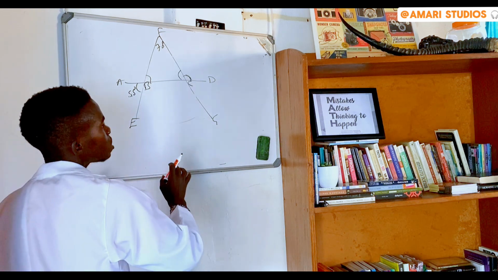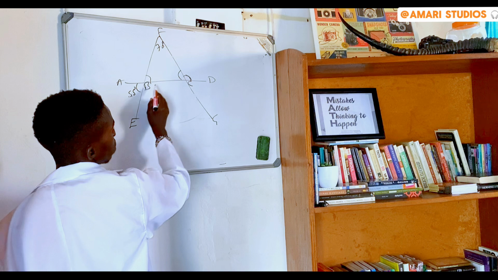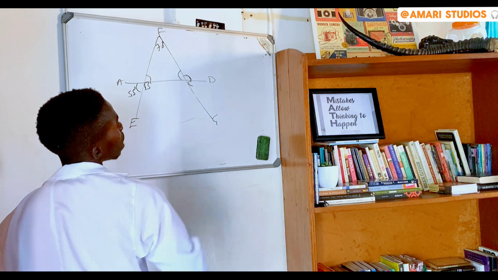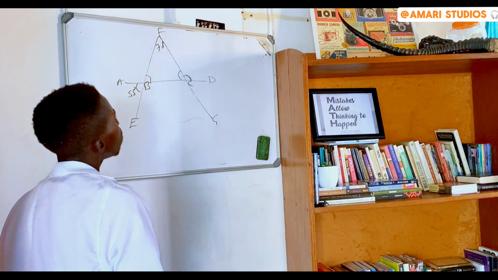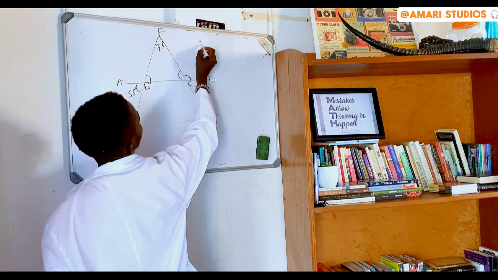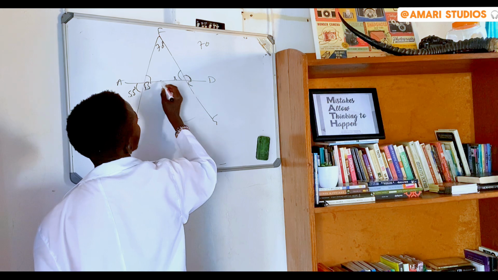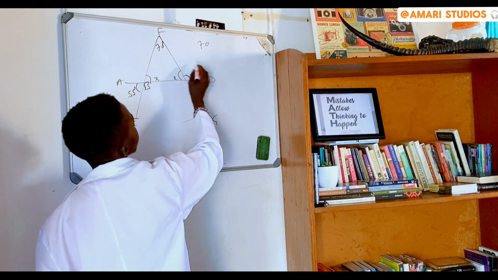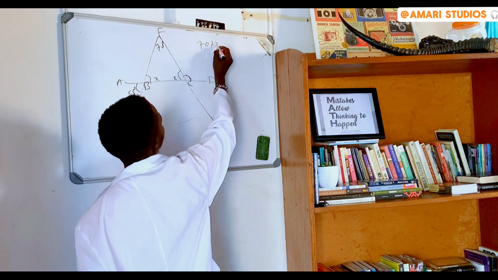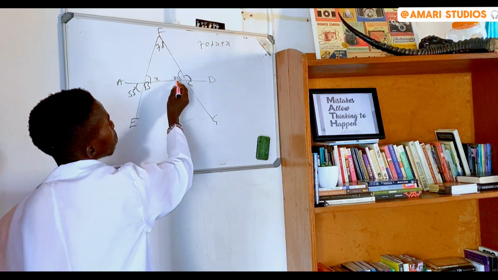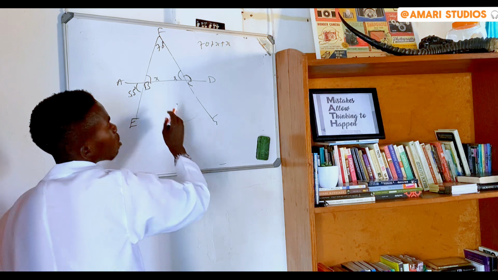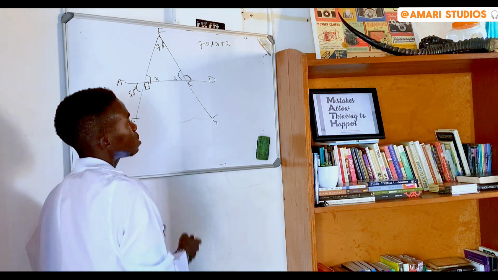In an isosceles triangle, two angles are always equal, meaning the angle at B and the angle at C are going to be equal. So we're going to add 70, then let's label this as X. Now we're going to add 70 plus X plus X. The reason we represent these two angles by X is because they are equal, and this is an isosceles triangle.